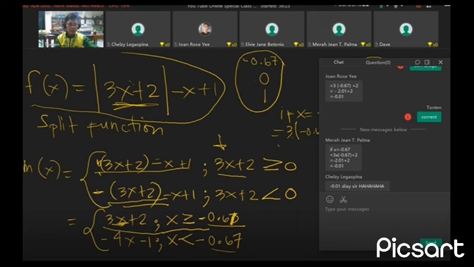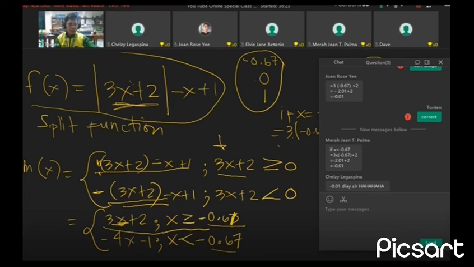One straight line for the positive side and another straight line for the negative side, but they are connected at negative 0.67, since they are connected with each other.